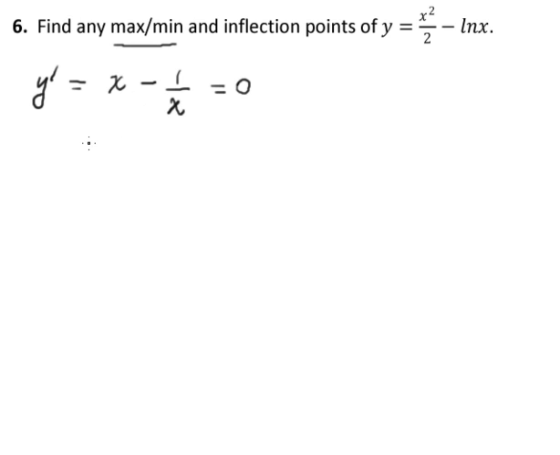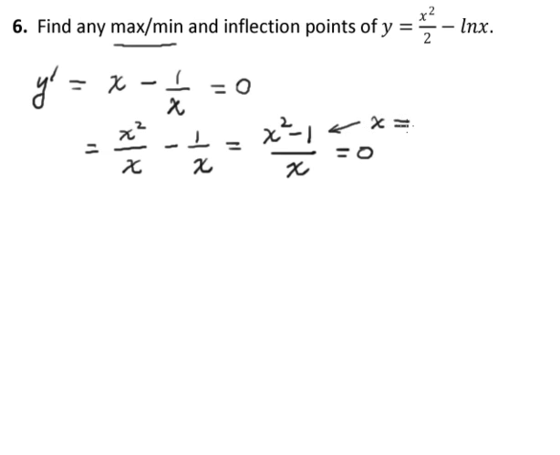Getting the common denominator of x, that's x squared over x minus 1 over x, and that's x squared minus 1 over x. All right, we want to know where this is equal to 0. That's equal to 0 where the numerator is 0, that is when x is equal to plus or minus 1.